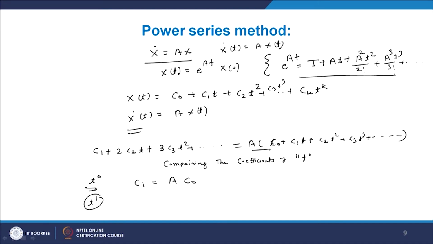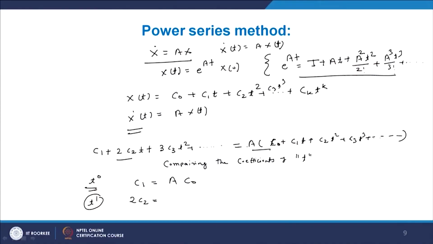So, here t raised to 1 gives 2 C2, and here we find A into C1 into t, so we write A into C1. From this we can write C2 equals A by 2 into C1.